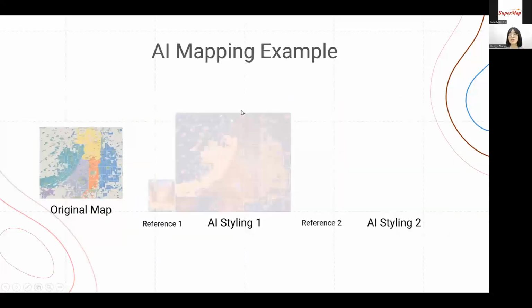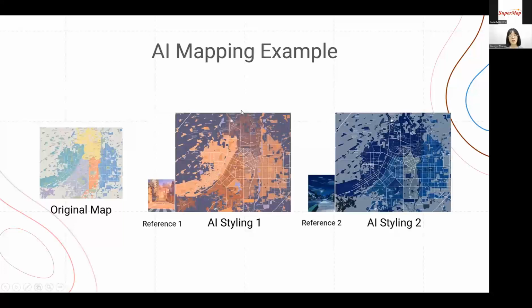And if you are using semantic layers, AI mapping still works. Like here, you can see that we have a semantic layer on this map, and once we introduce our reference pictures to the AI mapping tool, it can automatically change the color used for the semantic layer, as well as the color of other background information layers at the same time.